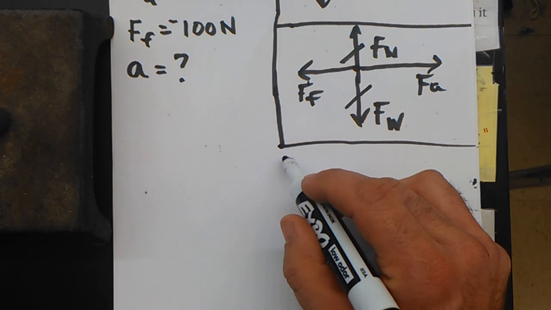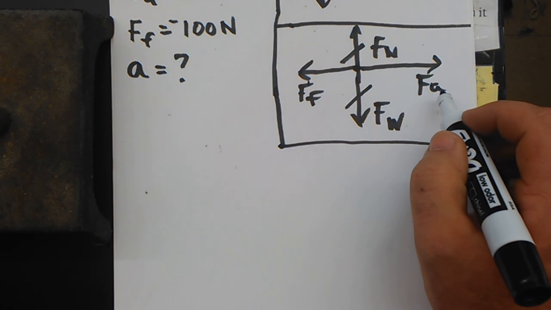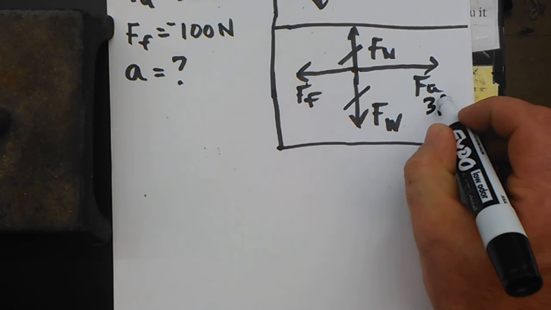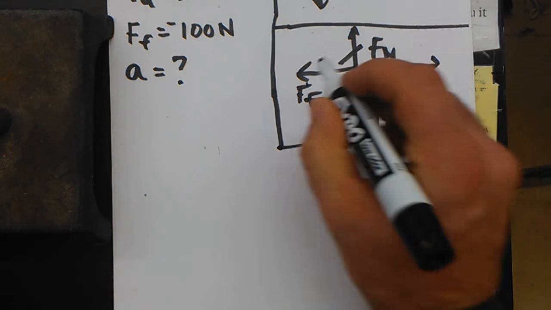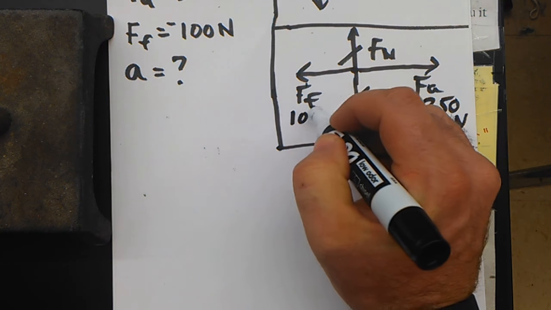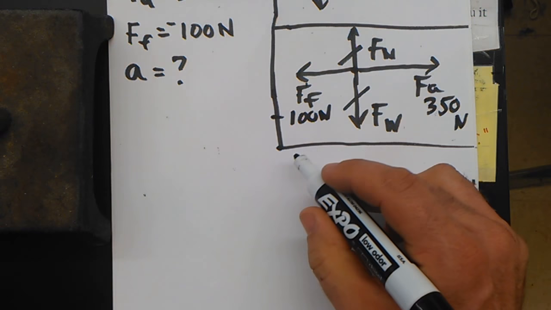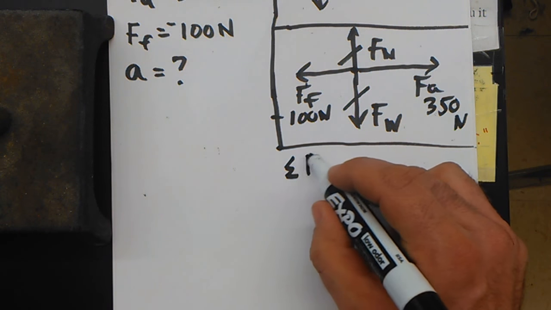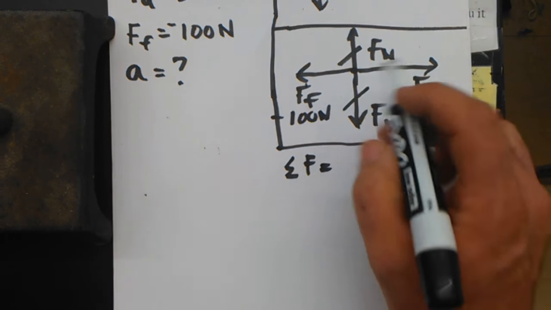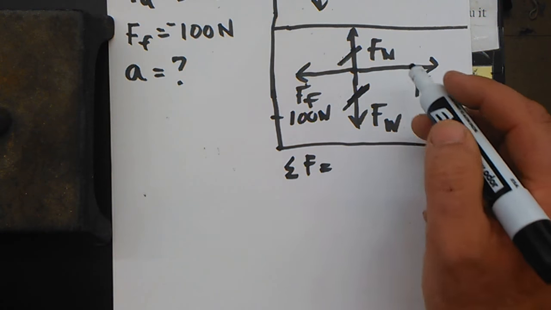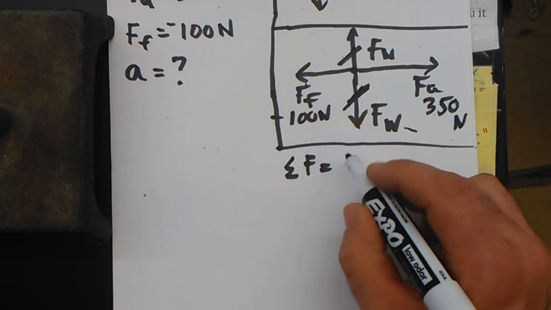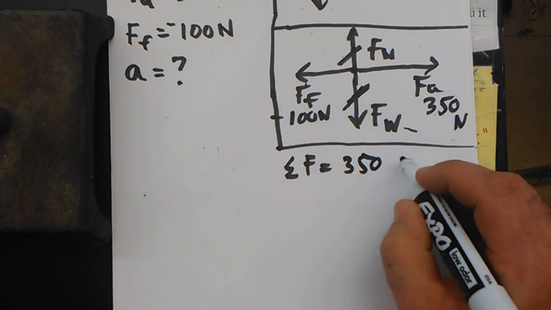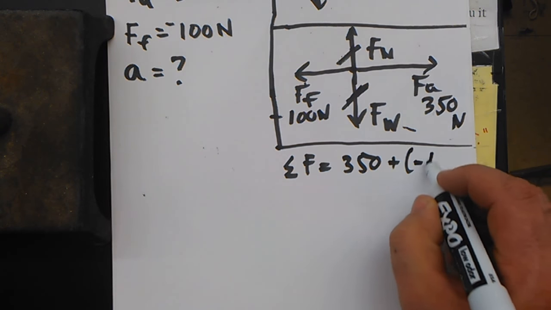So I know that this one here going to the right is 350 newtons. One going to the left is 100 newtons. So the sum of forces here, adding up all these forces, these two cancel, they're not in the picture anymore. I'm going to add 350 plus negative 100.